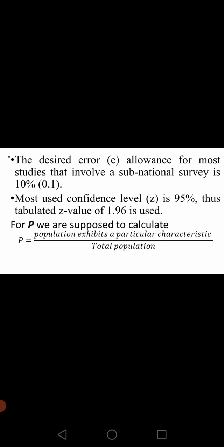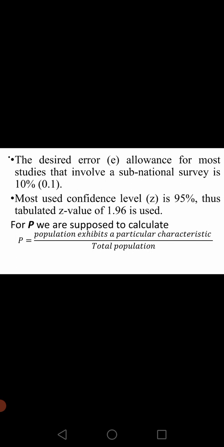The value of P depends on your study area and the population of the participants you are looking for. So to get P, we have to use this formula: the population that exhibits a particular characteristic divided by the total population.